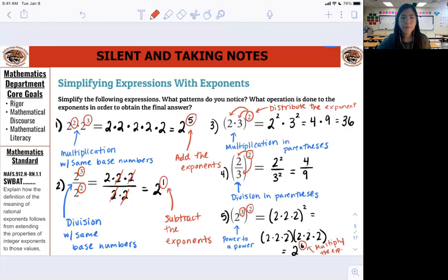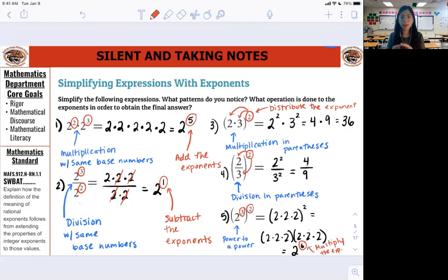So one more time, let me go through them all. In number 1, we were multiplying the base numbers, so we added the exponents. Number 2, we were dividing the base numbers, so we subtract the exponents. So think about that: when you multiply, you add; when you divide, you subtract.